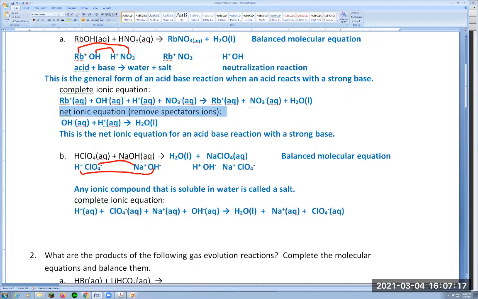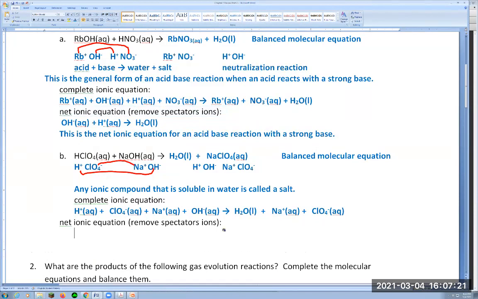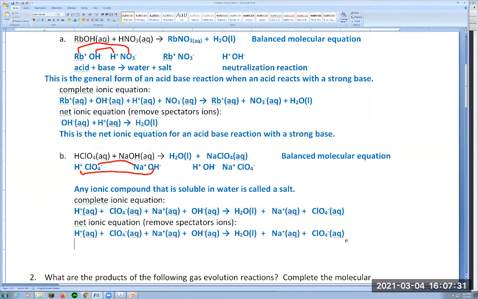And now let's write the net ionic equation. Again, we remove the spectator ions from the complete ionic equation to find the net ionic equation. So we can rewrite this. And then I'm lucky I can erase, but on paper you need to rewrite. So let's remove what's the same on both sides of the arrow.